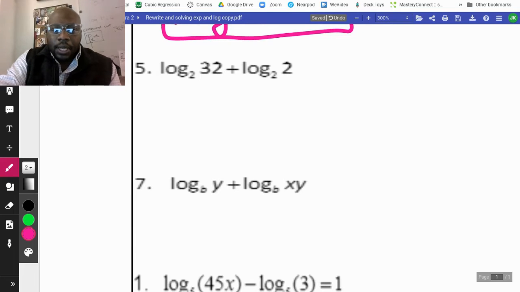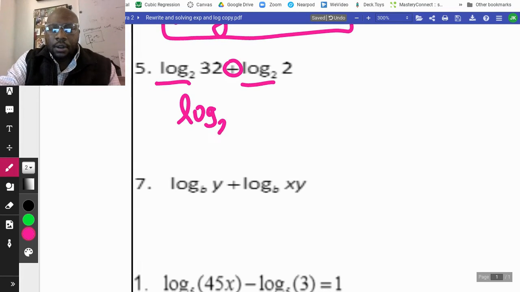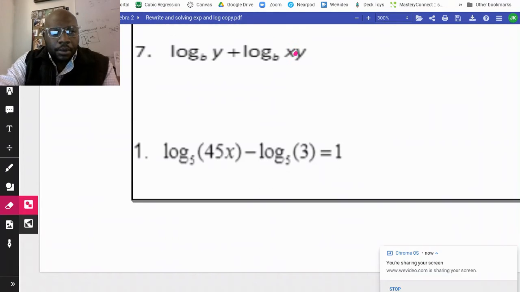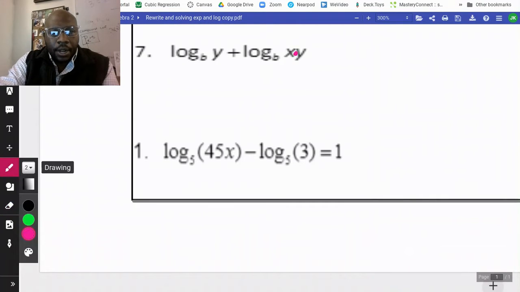Moving on to the next one, log 2 is being added, so I'm going to write it as log 2 of 32 times 2. Log that. With number 7, we're going to do the same thing. I notice there is a log B, the bases are matching.